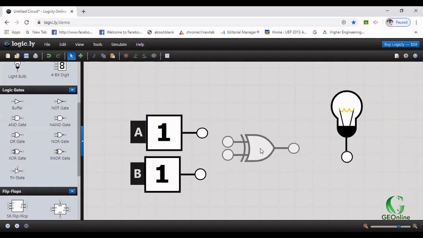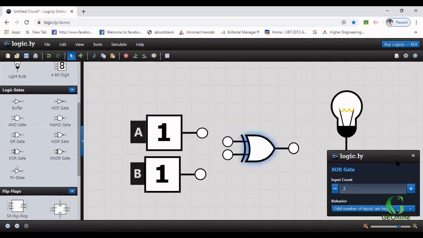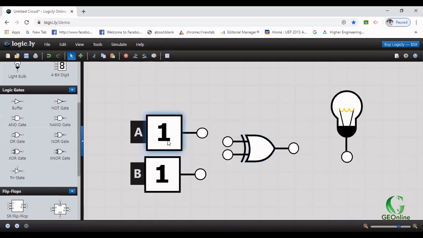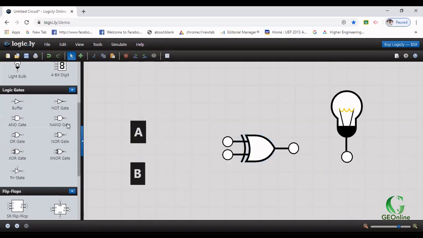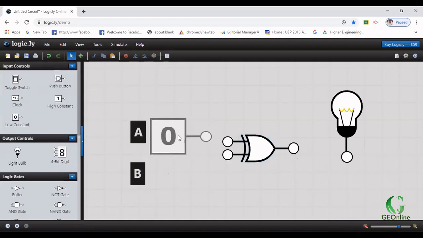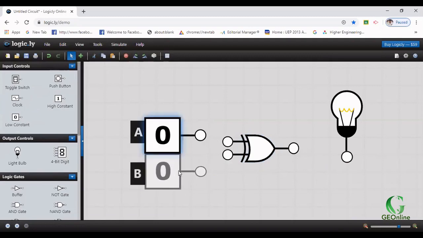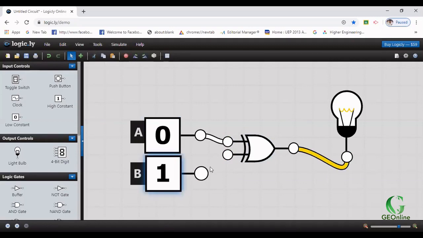Now XOR gate. When both the inputs are low, the output of XOR gate is also low. If any one of the input is high, output is also high.